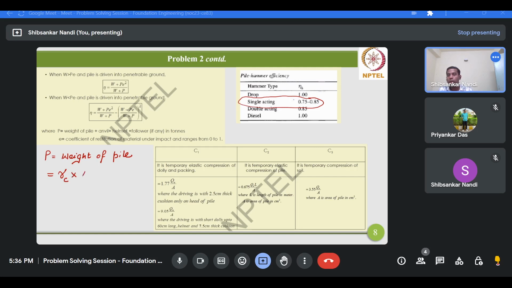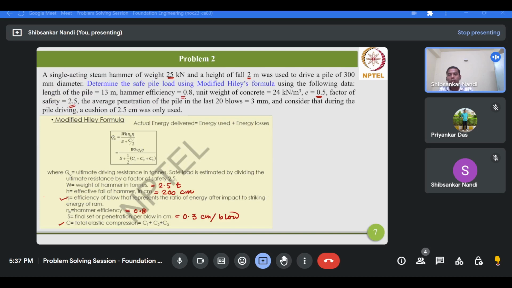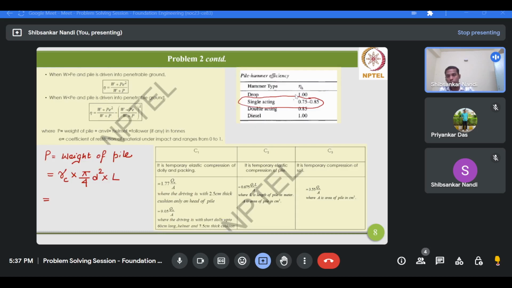Now what will be the volume of the pile? This will be pi by 4 d square, the cross sectional area, multiplied by the length. Now what is the unit weight of the concrete given in this problem? The unit weight of the concrete is given as 24 kilonewton per meter cube. So this is 24.